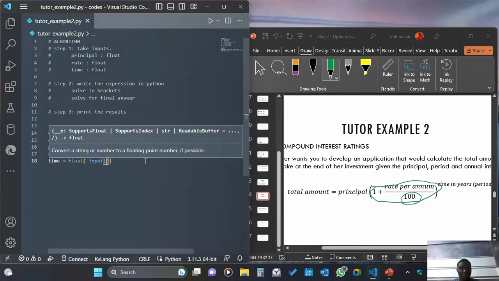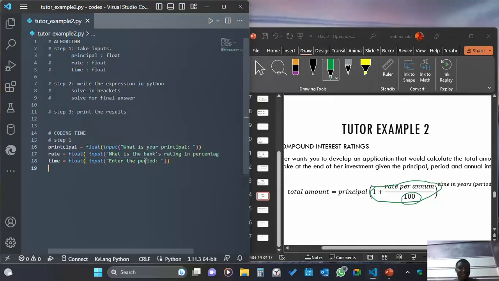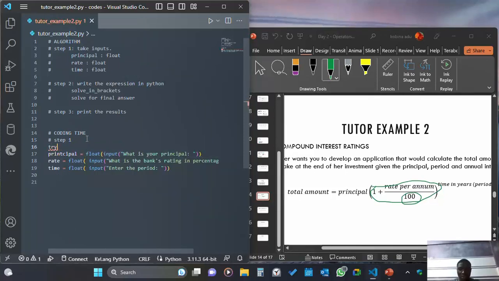Okay, input, then we say maybe enter the period. Okay, so all these things being said, but remember, sometimes the user may enter any kind of data and we have to take care of that. So we can use our what? Try this. Okay, try doing this.